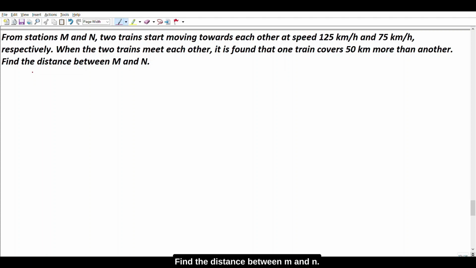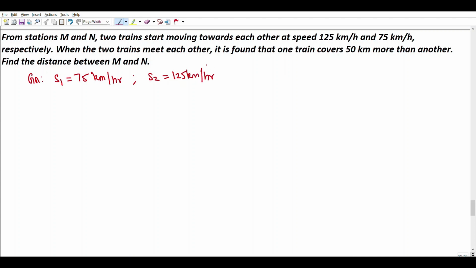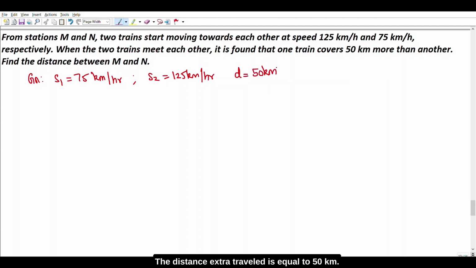Find the distance between M and N. So here we assume that S1 is equal to 75 km per hour, S2 is equal to 125 km per hour. The distance extra traveled is equal to 50 kilometers. We need to find the distance between the two stations M and N.